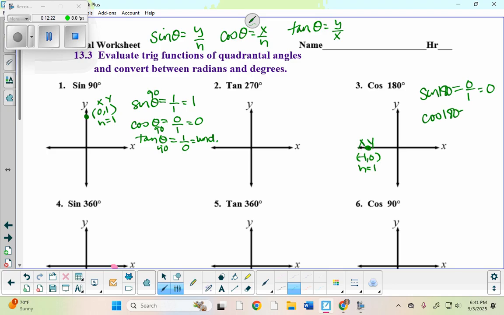So cosine of 180 would be the adjacent, which is your x, over your hypotenuse, which is 1. So you get a negative 1, and tangent of 180 is opposite over adjacent, which is y over x. So it's 0 over negative 1, which is 0.